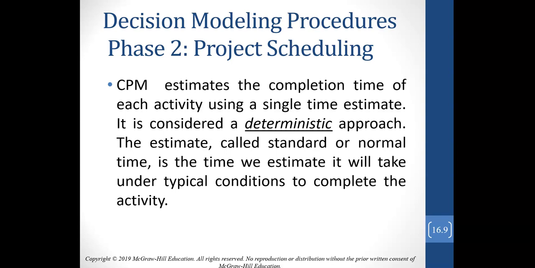So we're not giving it a best case, everything goes great, it should take us this long, and worst case, if everything goes wrong, it would take us this long. We just look at our historical time for that activity. We say it should take us a certain period of time or duration to complete this activity.